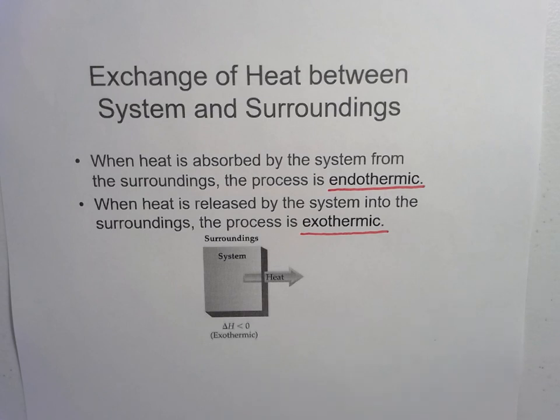However, whenever heat is released by the system into the surroundings, this is known as an exothermic process. Whatever you're studying, if heat is going into it, it's endothermic, and if heat is being released by the atoms or molecules you're studying, it's exothermic. One way I remember this is to take the viewpoint of the system. If it's going into the system, it's endo. If it's going out of the system, it's exo.